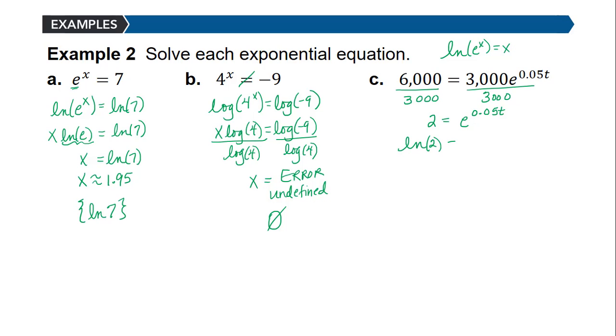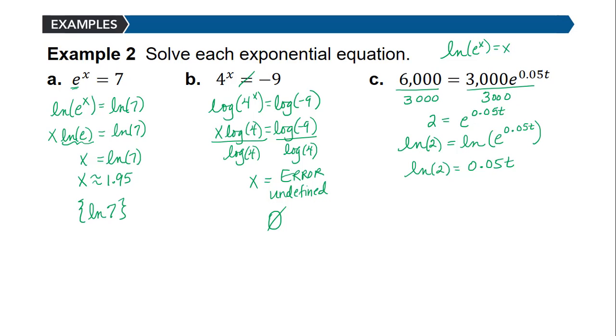So this tells us the natural log of 2 is equal to the natural log of e to the 0.05t. We get the natural log of 2 is equal to 0.05t. Remember, the inverse property is the natural log of e to the exponent, whatever it is, it's just going to be the exponent.